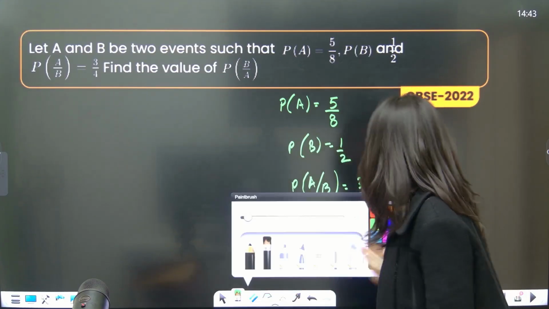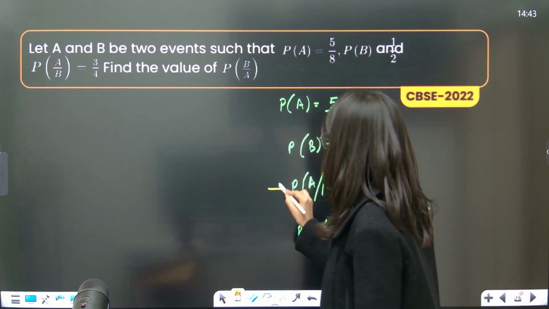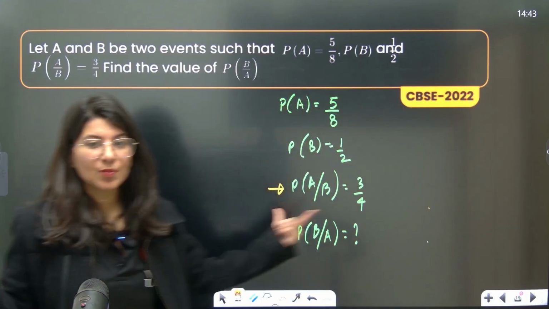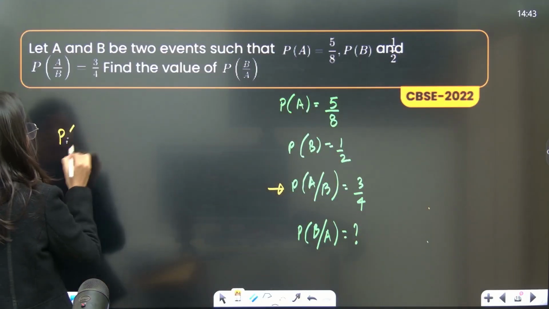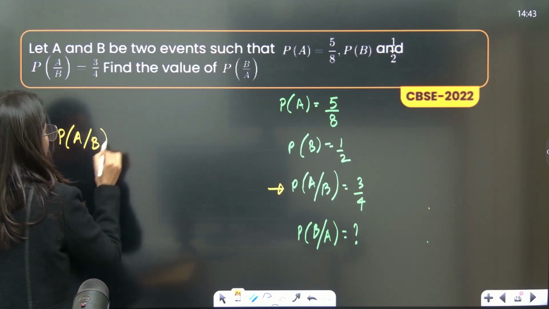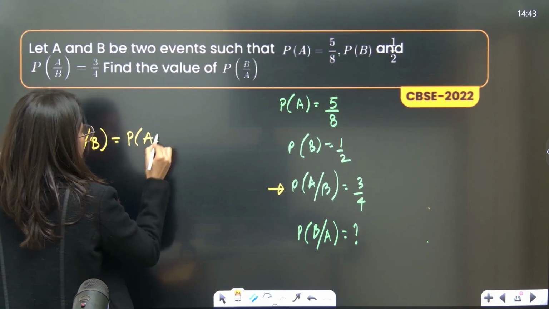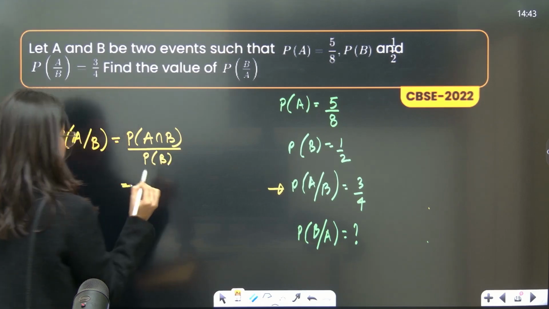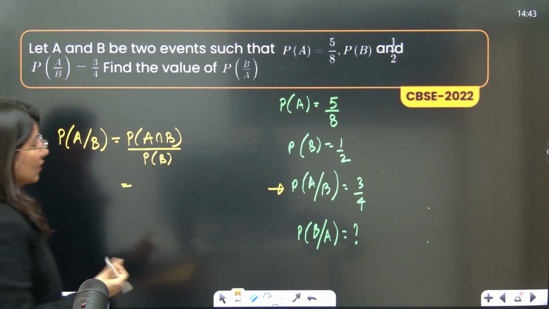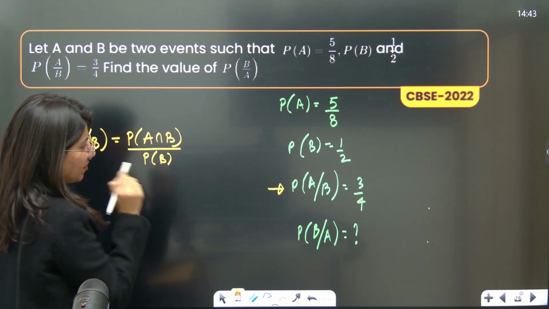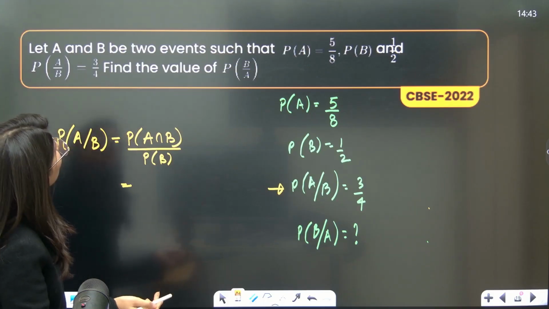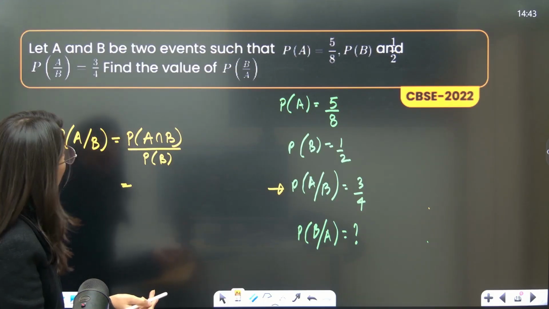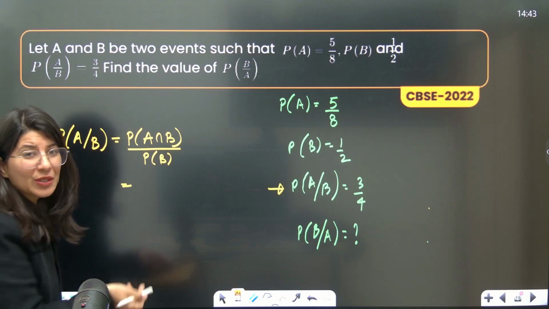Okay. So one by one we will tackle. First of all, I am going to attack this information, which is probability of A given that B has already occurred. I know this formula, which is probability of A intersection B upon probability of B. Ma'am, we do not know A intersection B. That is what you have to calculate.